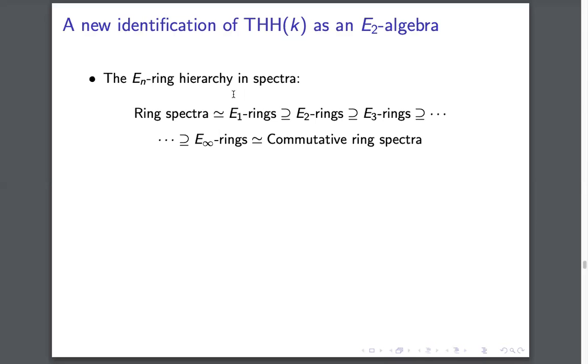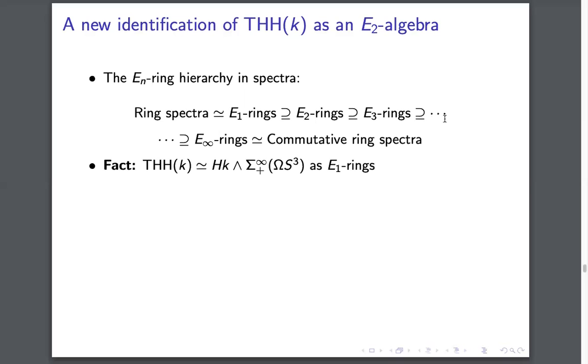If you're not familiar with that, then E2 ring spectra could be, for example, considered as a ring spectrum whose multiplication is commutative up to homotopy, and this homotopy is asked to satisfy a coherence condition. And as you increase these coherence conditions, then you go from E2 to E3 rings and so on.